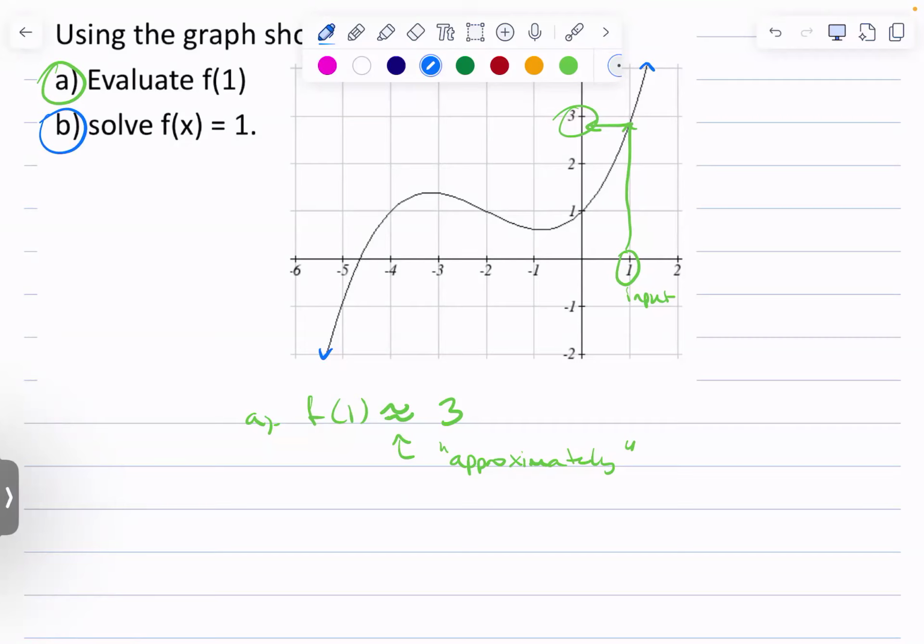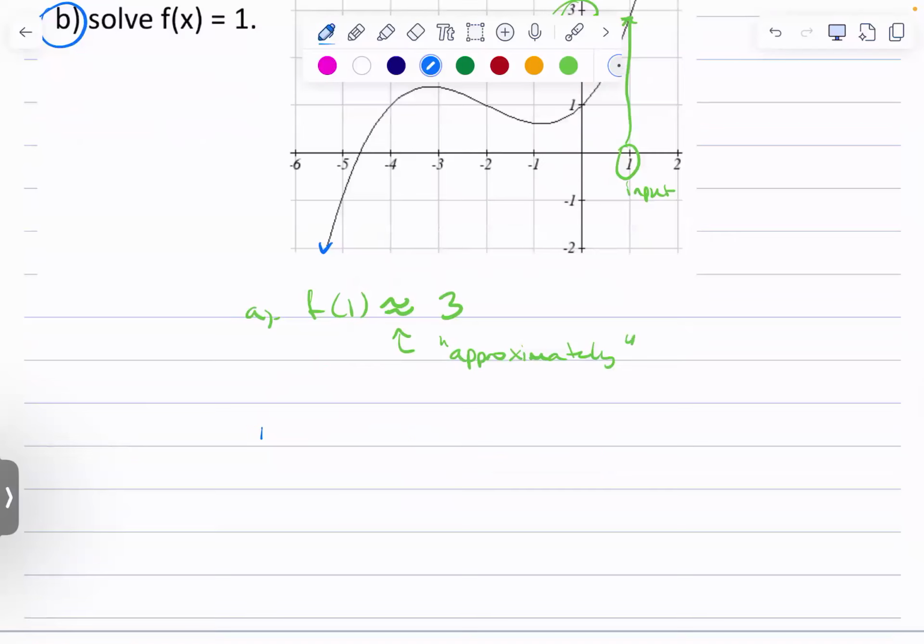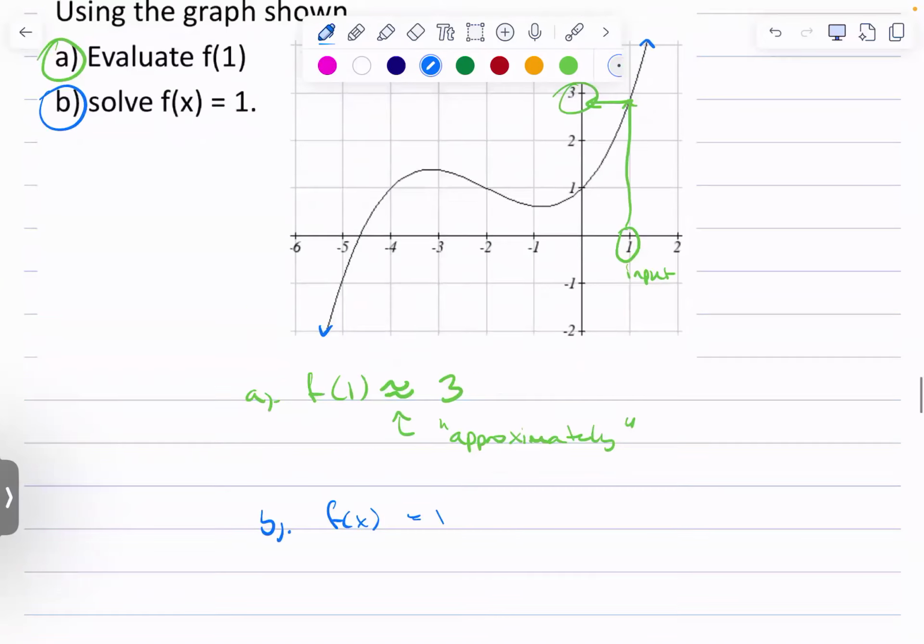If I want to solve f of x is equal to 1, without remembering what the term solve means, if I look at that, I'm probably looking for the x's that yield an output of 1. Okay? And so what am I going to do? I'm going to look for the output of 1, and I'm going to span across here and look for all the inputs that give me an output of 1.